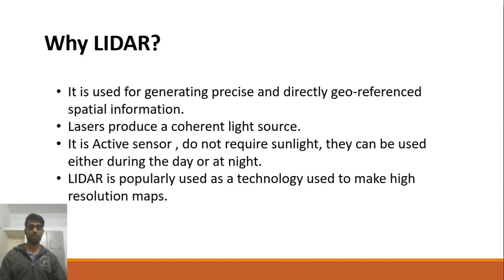It is used for generating precise and directly georeferenced spatial information. Laser produces a coherent light source. It is an active sensor, so it does not require any sunlight or anything and can be used either during the day or night. LiDAR is popularly used as a technology to make high resolution maps.